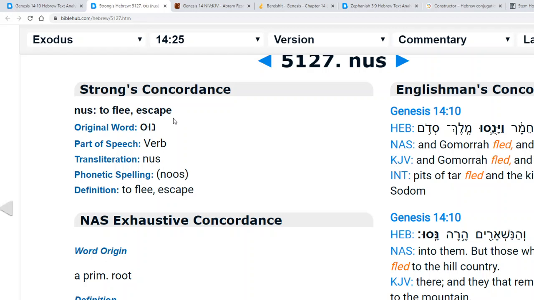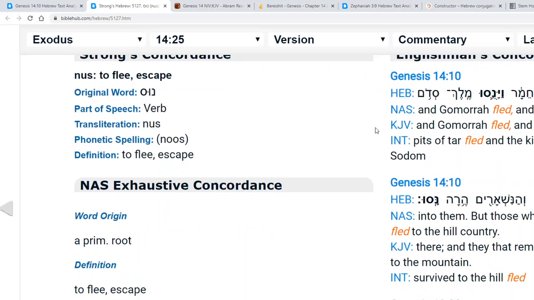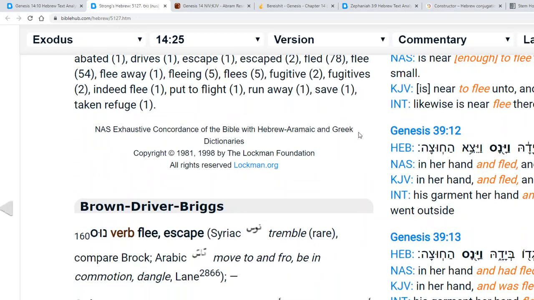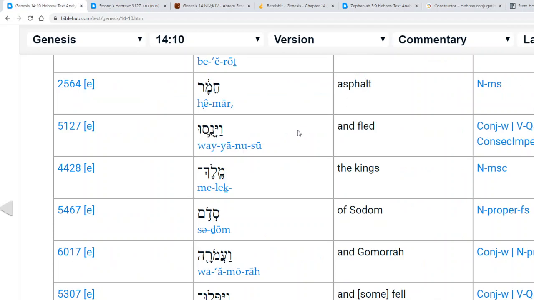Again, you could say that this is a different root, nun vav sin. Yeah, that makes sense, because the aleph you would expect to show up. But again, nes, it seems, means to push, or because it also means to raise up, right? So it seems to apply force, and then there are various forms of it. They fled. Okay. Veyanusu, they fled, they were forced.